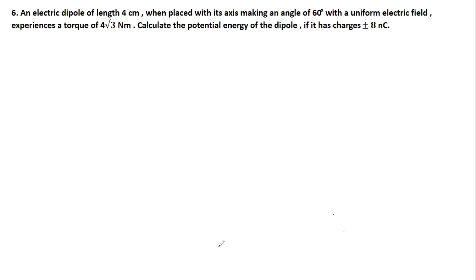Okay, so let's say that you are having a certain electric field in this direction. Since it is uniform, all the field lines will be parallel to each other. This is how you define a uniform electric field.